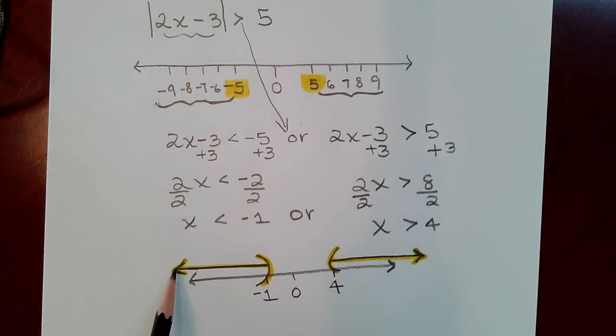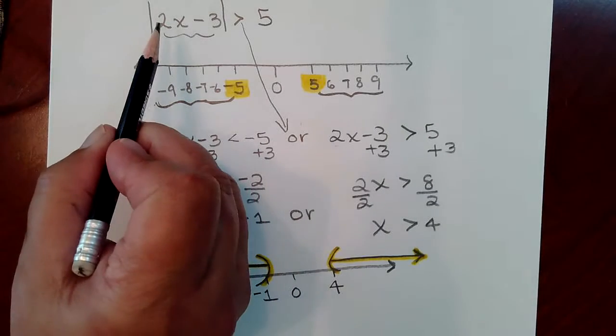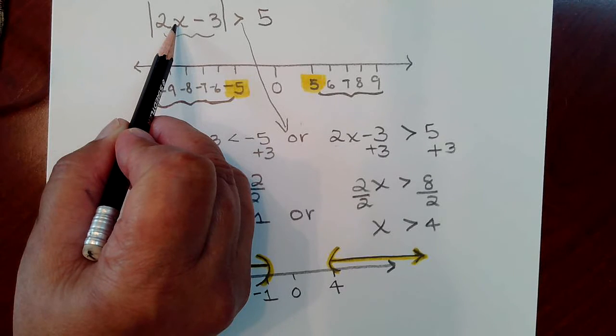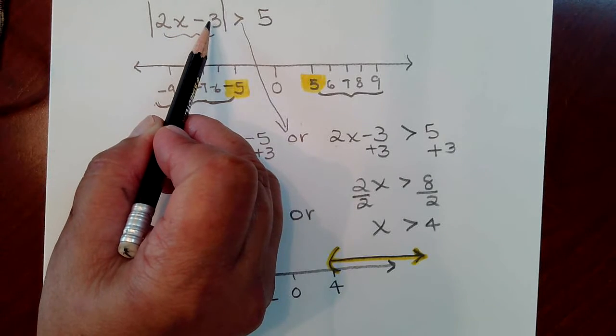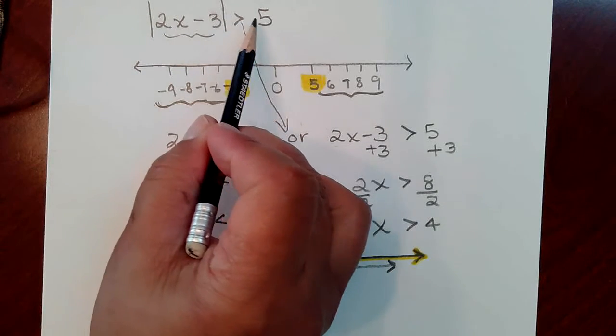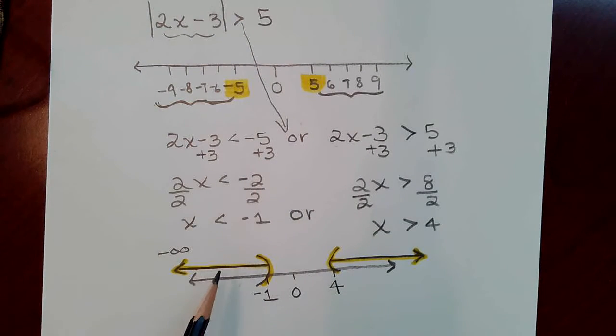But anything over here all the way out to -infinity, when plugged into the original inequality, will give a true statement, such as -2. If you put -2 in here, 2 times -2 is -4. Take away 3 would be -7. Absolute value of -7 is 7, which is greater than 5. And any number that you plug in from this region will result in a similar true statement.